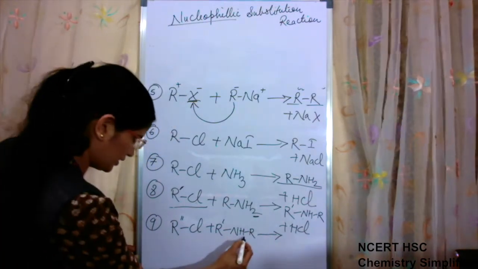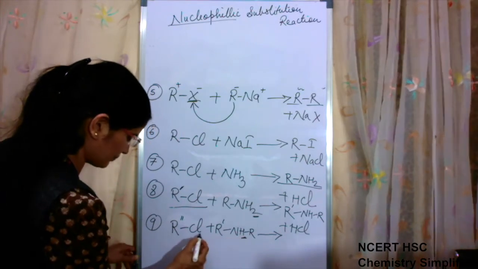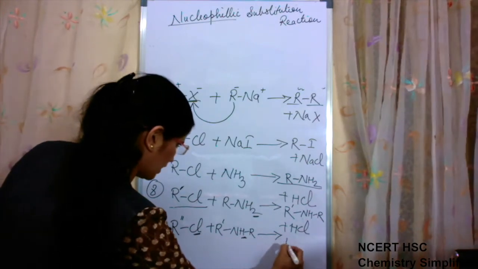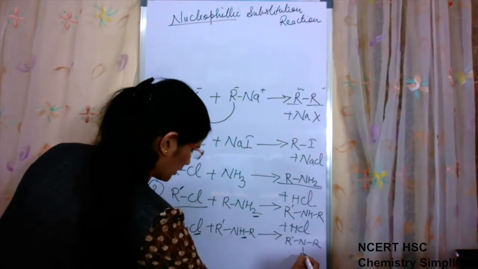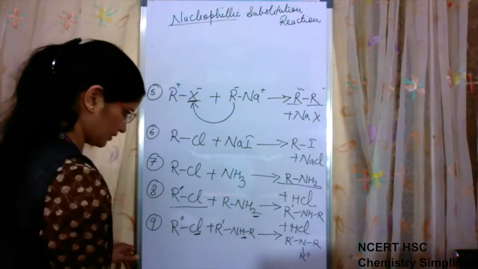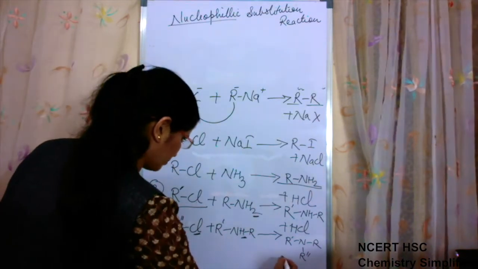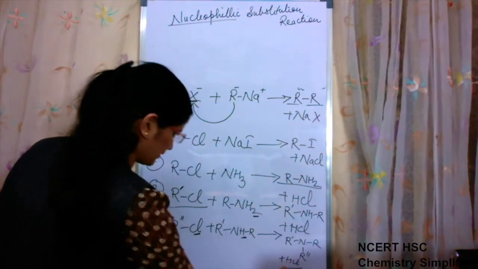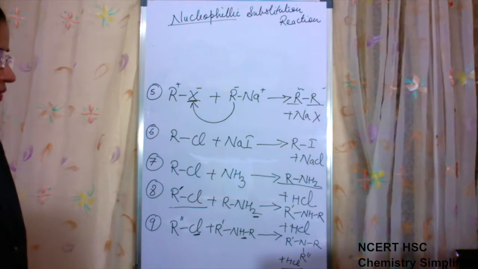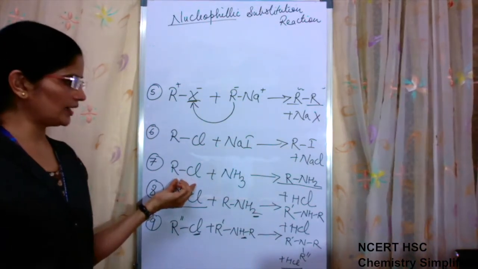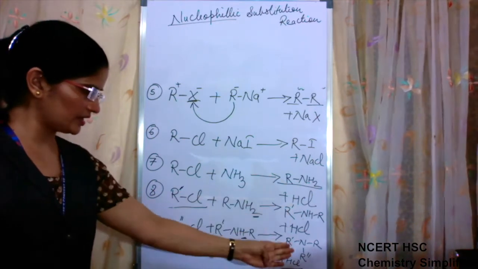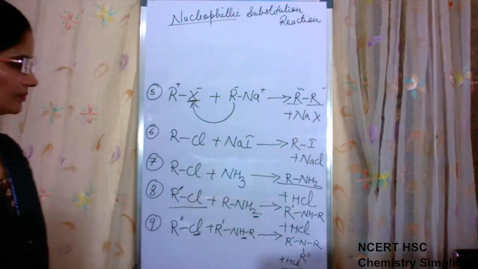Then again H will be substituted, and it will form R dash N R R double dash plus HCl. That means all derivatives of amines can be prepared using alkyl halides, primary, secondary as well as tertiary.